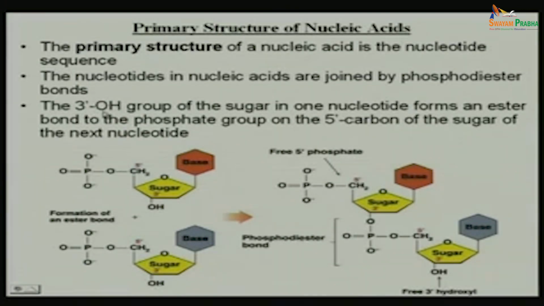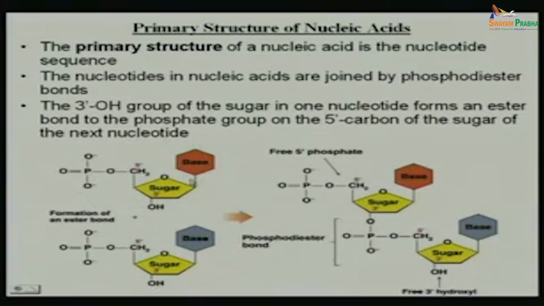The 3' hydroxyl group of the sugar in one nucleotide forms an ester bond to the phosphate group on the 5' carbon of the sugar of the next nucleotide. What does it mean? Say, this is one nucleotide, this is another nucleotide.